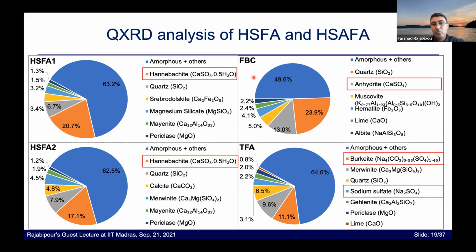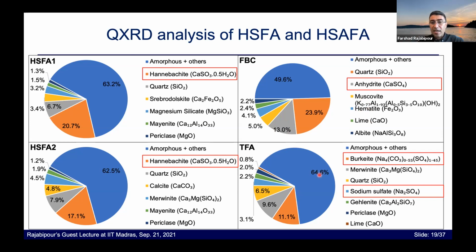The FBC fly ash is about 50% amorphous. There is quite a bit of quartz. As I mentioned, this is a very impure source of coal, so it comes with a lot of dirt, if you will. So you have quartz, muscovite, hematite, other impurities. There is quite a bit of anhydrite in this as well, which comes from the SO2 scrubbing.